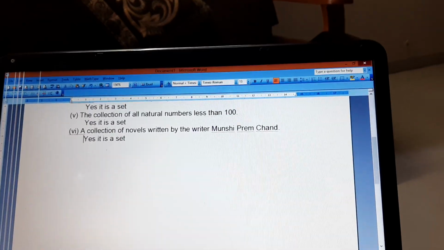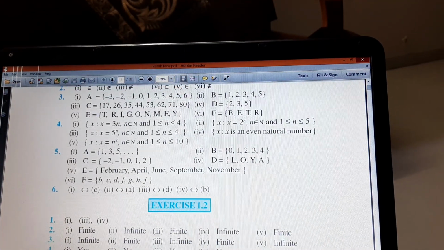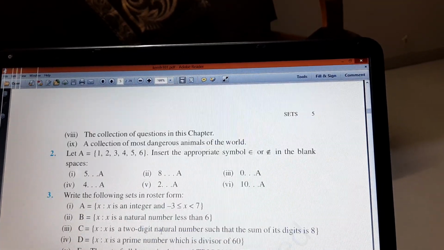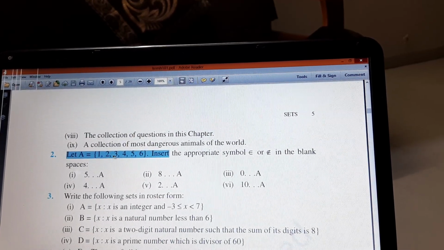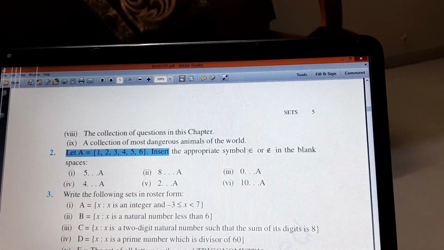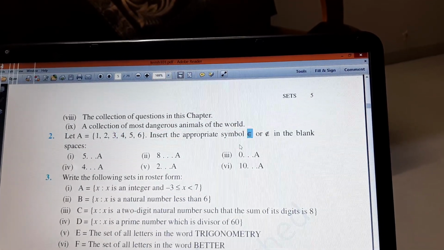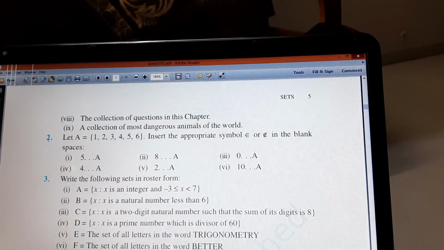We go to question number 2 now, second question. Here you are given a set A equals to 1, 2, 3, 4, 5, 6, and you are asked to put the appropriate symbol.